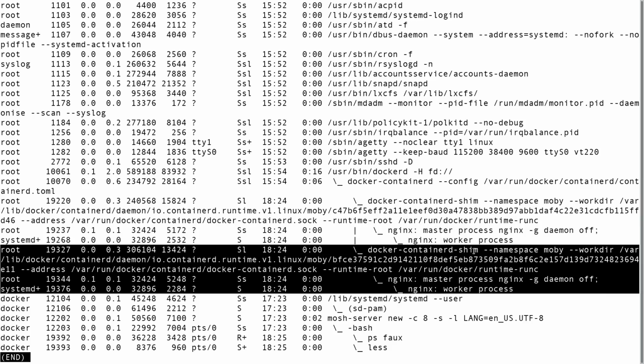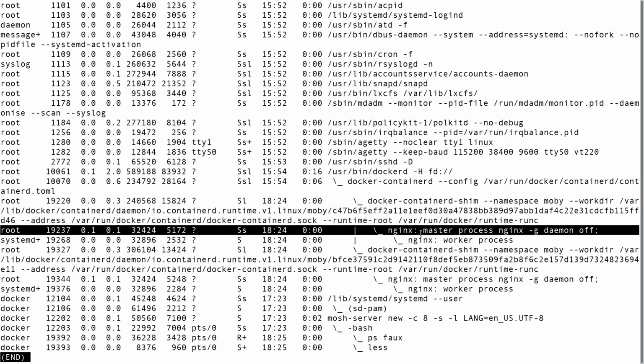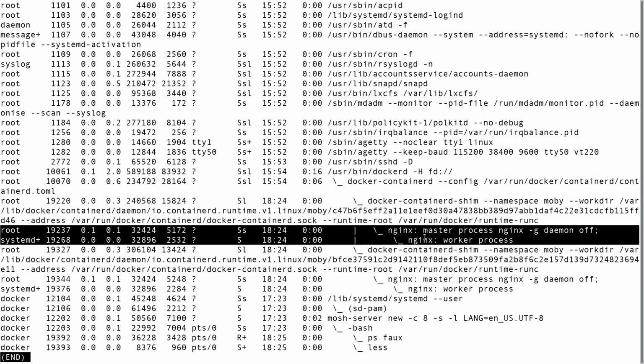And what's interesting is that you can see the Nginx process from the host. The Nginx running in my container is a normal process running on my host. From my host, I can see that process. It looks perfectly normal. I can use a bunch of tools like GDB, strace, LSOF, even PS, etc. And I can interact with those processes from the host.